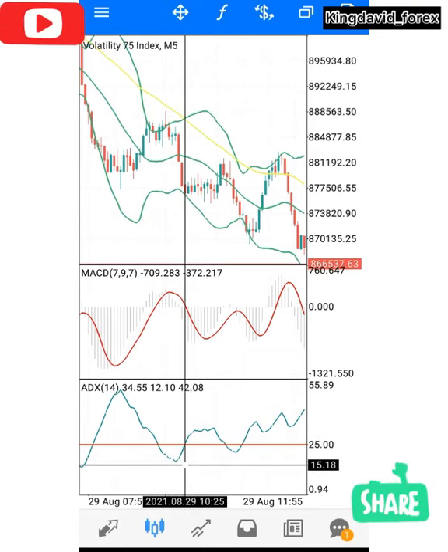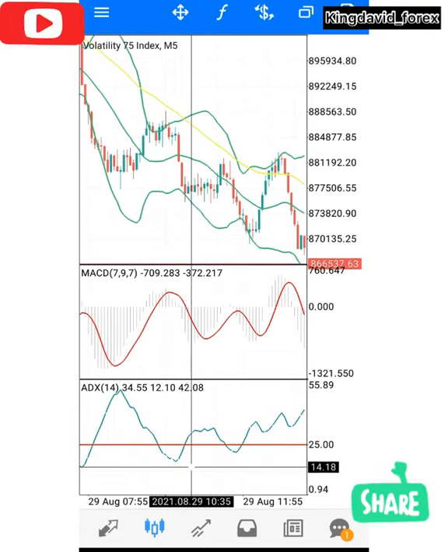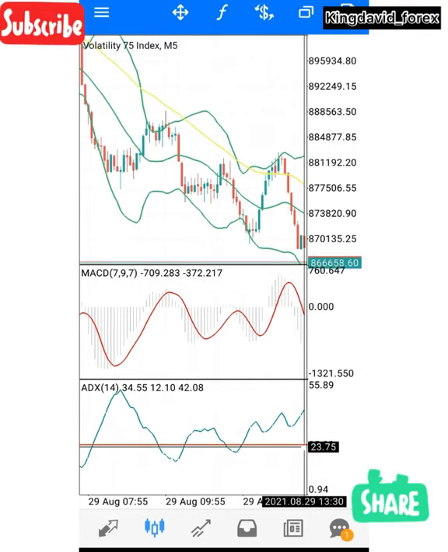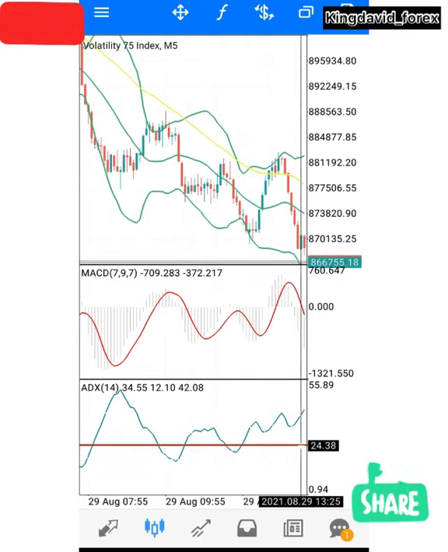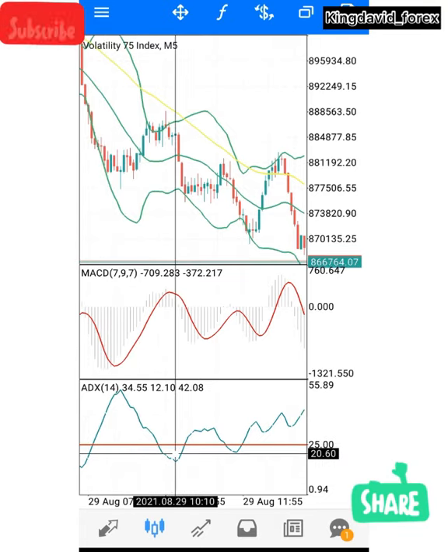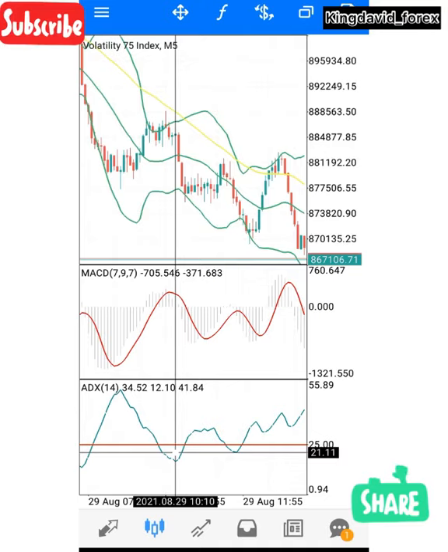Now, how do you know when a market is consolidating? If this 25 is your benchmark, if this ADX line is below this 25, it indicates that the market is consolidating.